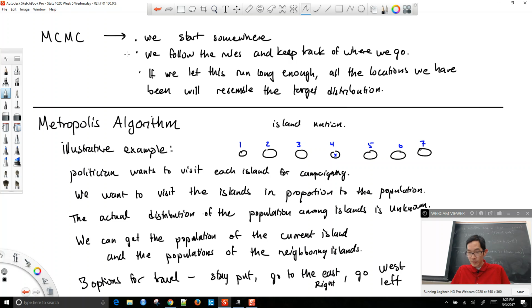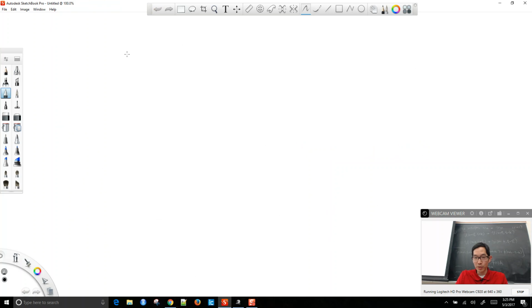And this is going to be the Metropolis algorithm. The Metropolis algorithm is the rules we're going to use to decide whether we stay put, go to the east, or go to the west.